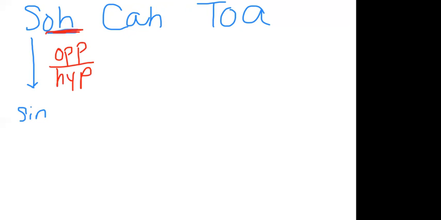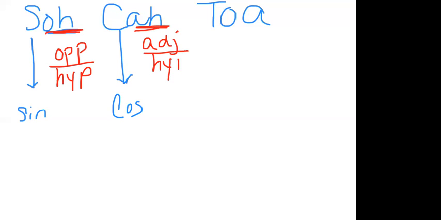So you've got sine. And so sine will stand for the opposite, that's the O, over hypotenuse, that's the H. Then you've got C, which stands for cosine, and that would represent adjacent, the A, over hypotenuse.